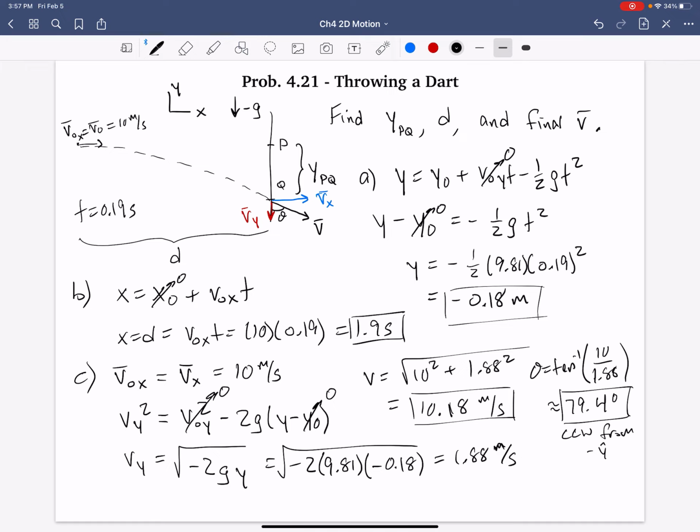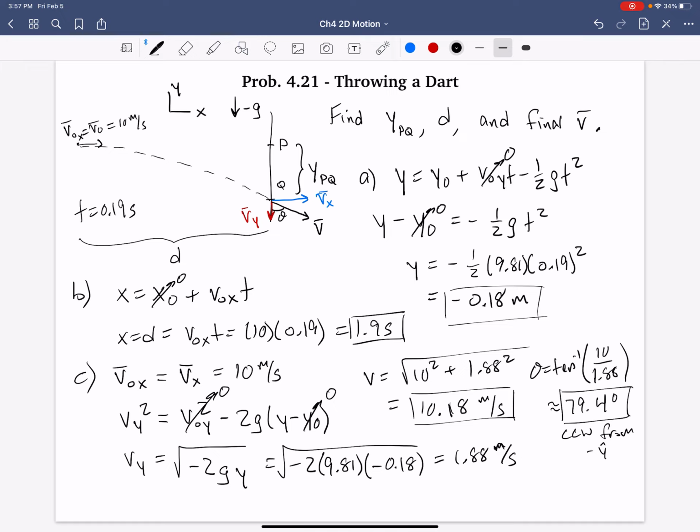If you do it the other way, if you do the other angle, your angle should be 10.6 degrees, and that is clockwise from the x-axis.